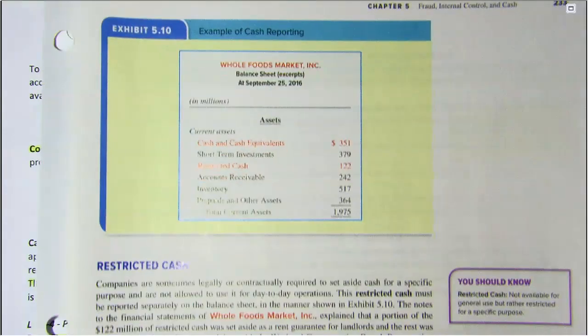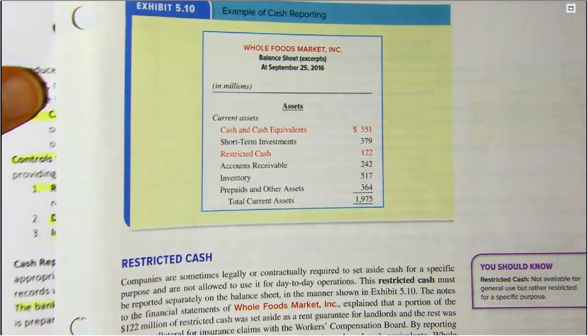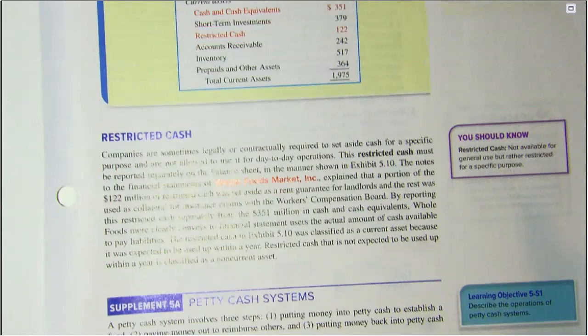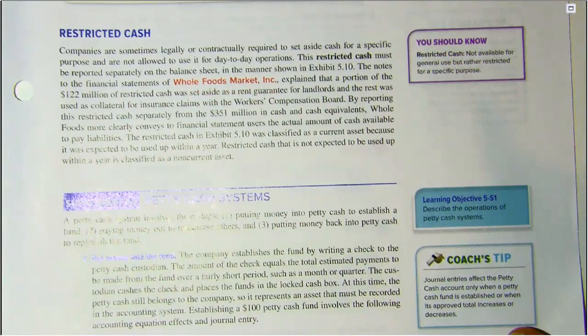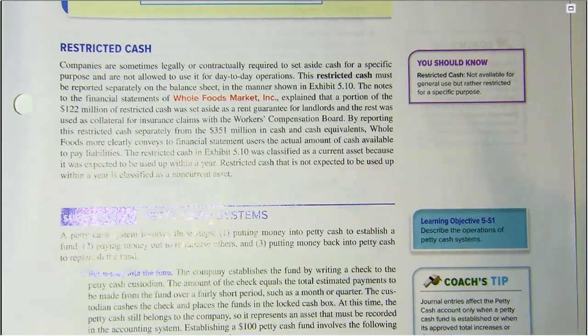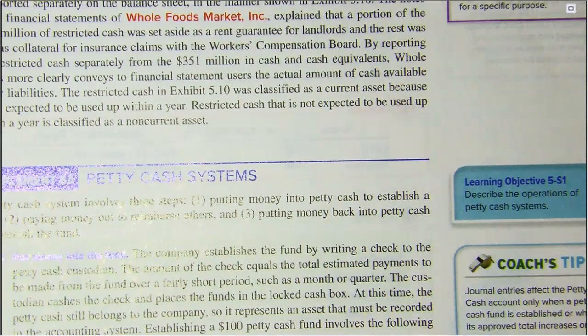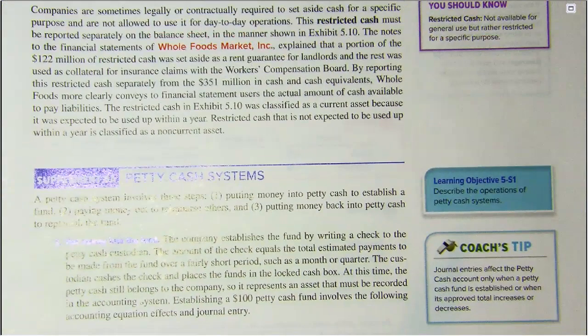I'm pulling this out of our textbook. This is page 233. A petty cash system is a small amount of money that a company keeps on hand for emergency cash payments that are usually reimbursements to employees.